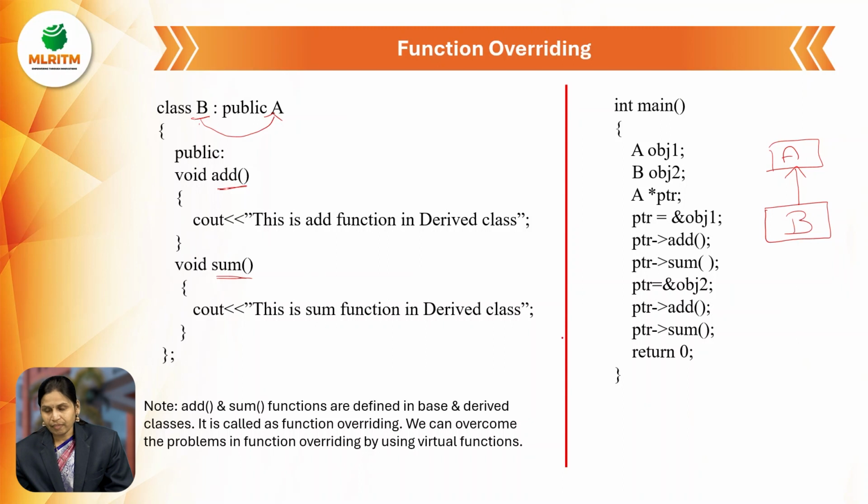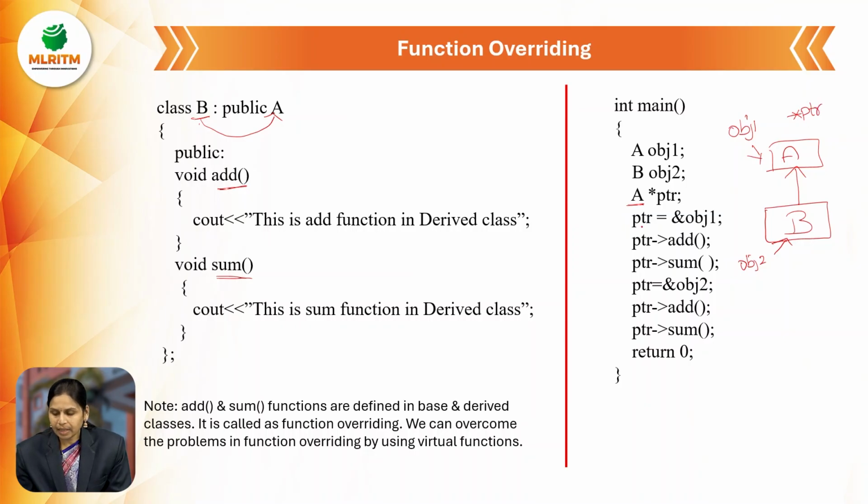So this is the main function. In this main function, two objects are created, one object for class A and a second object for class B. Now let us see very carefully. A is a parent class. One pointer is declared for the parent class.